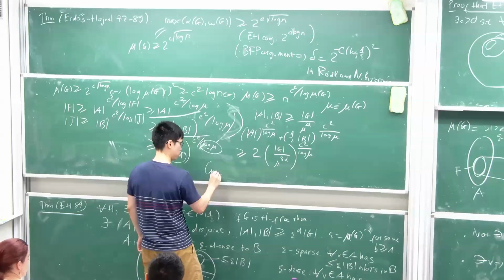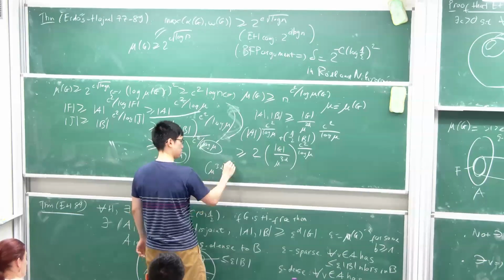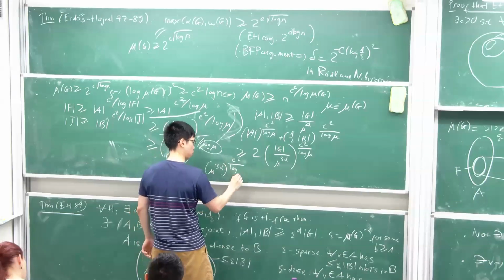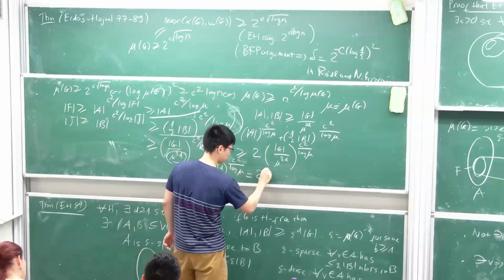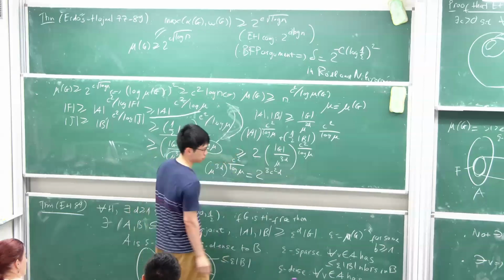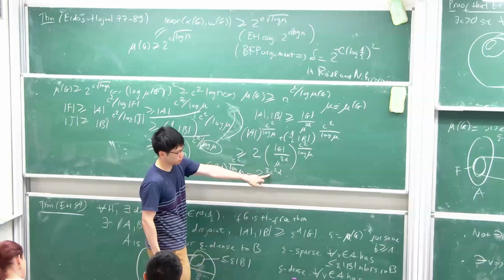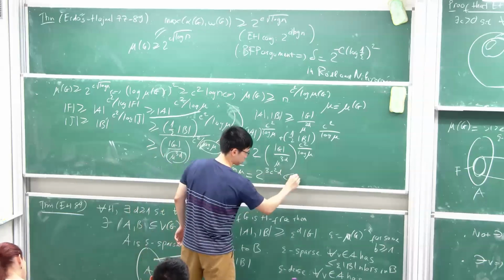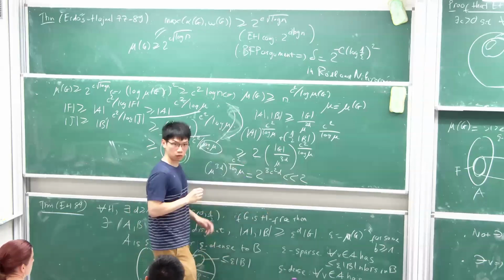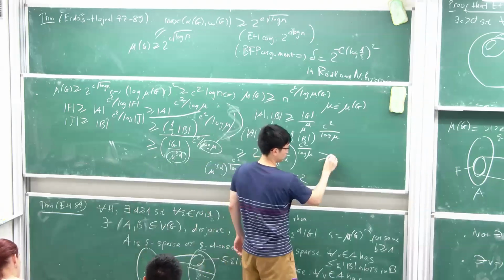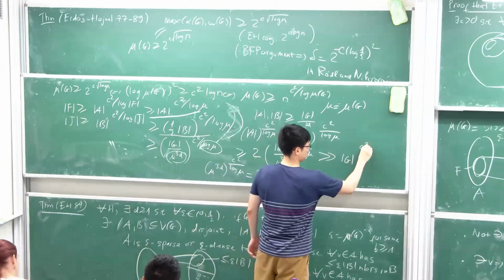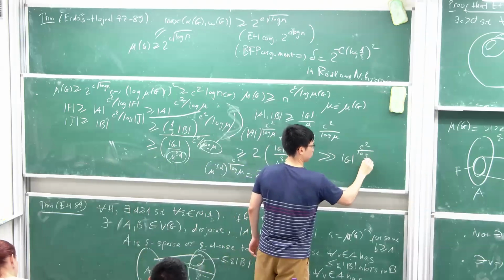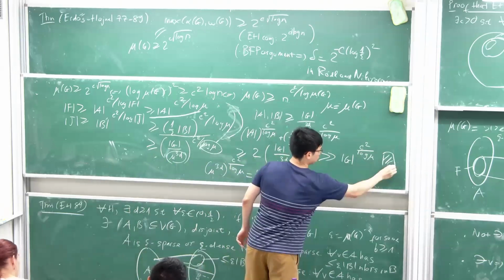Mu to the 3D raised to the power of C squared divided by log mu is actually 2 to the 3 C squared D. So as long as I can choose C to be sufficiently small, this will be much smaller than 2. Okay. So it's going to be much bigger than, raised to the power of C squared by log mu. That's it.